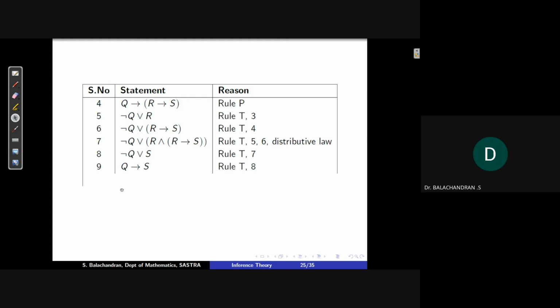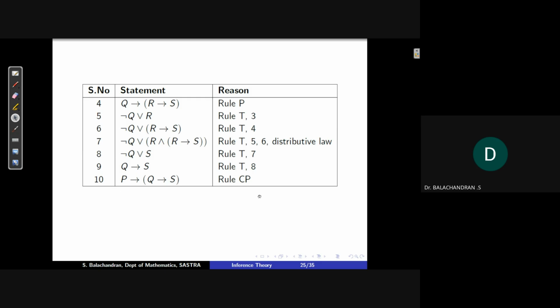Sorry, you will get P implies Q implies S from the set of premises alone. So that is called Rule CP.